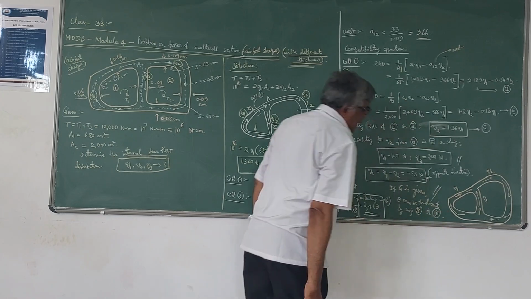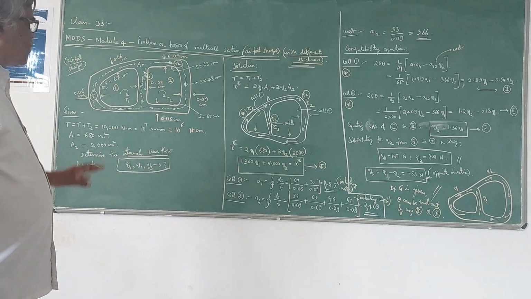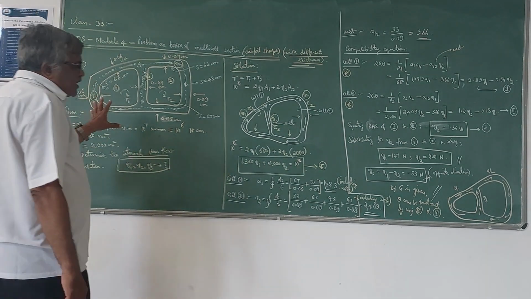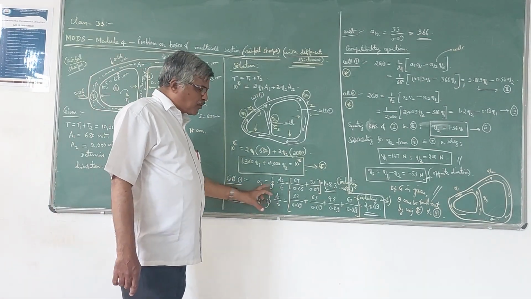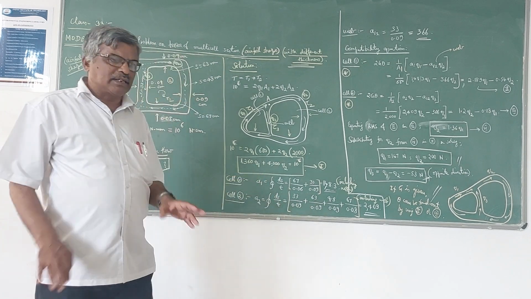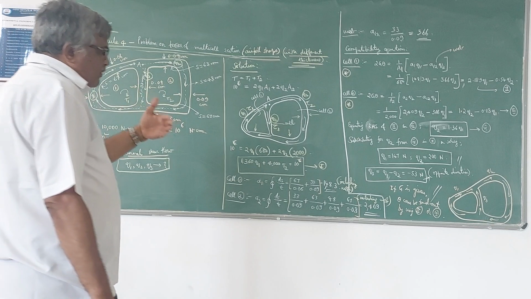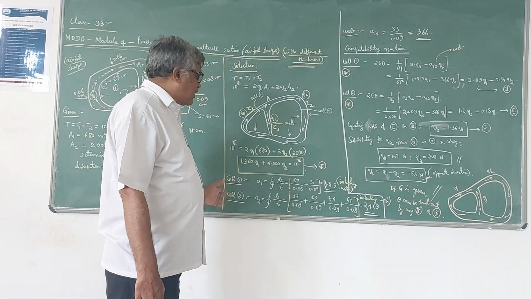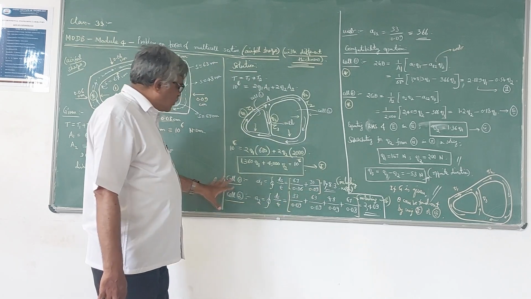That gives the angle of twist per millimeter. Since he has given different thicknesses, I have used this approach. If they give uniform thickness, we can do the problem like what I have done in the last video. Since he has given different thicknesses, it is better to go like this.